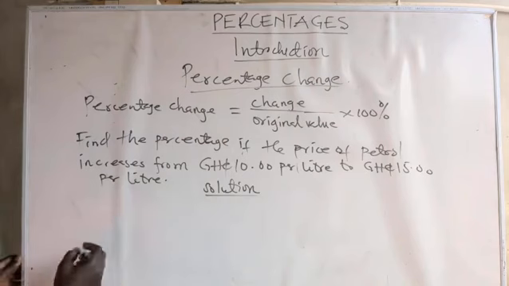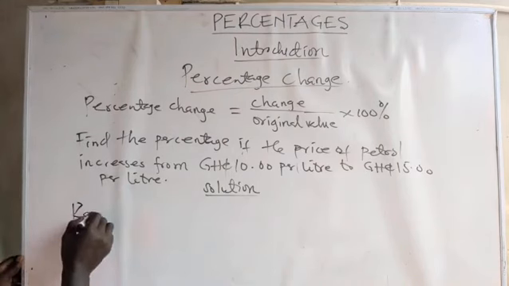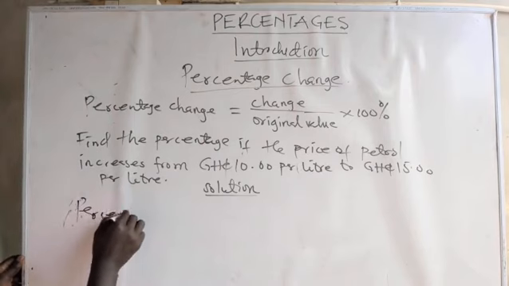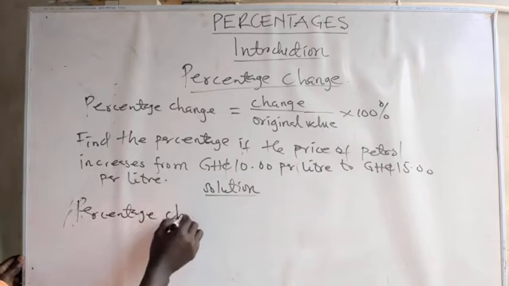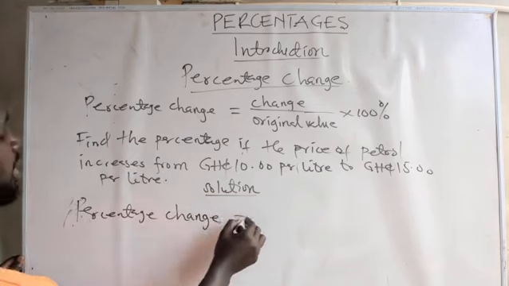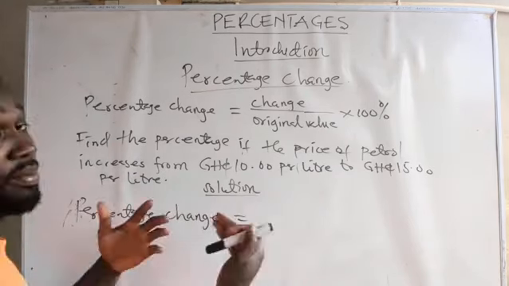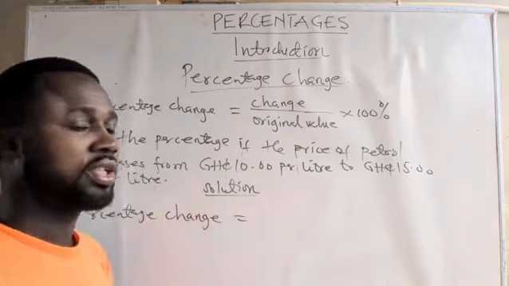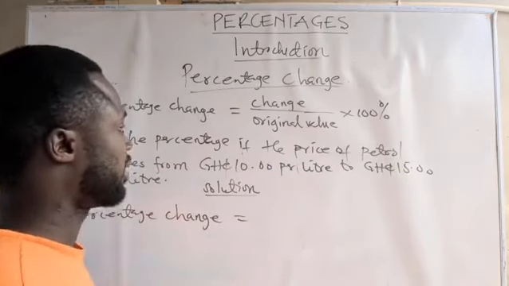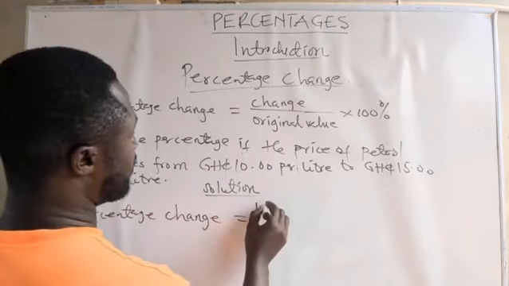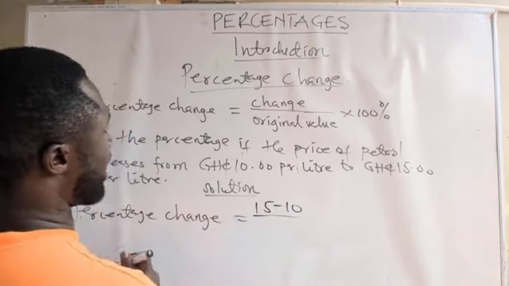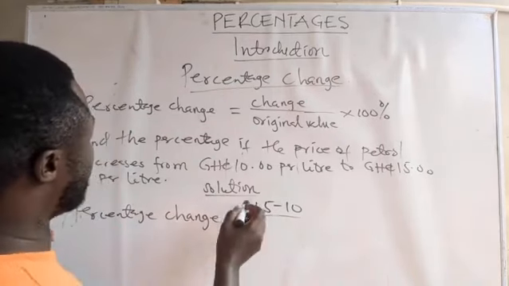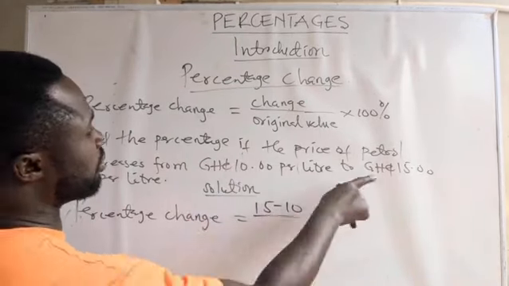So we know that our percentage change is the change. The change is the difference between the two values, and make sure that you subtract the least from the higher value so that we don't get a negative percentage. So we have 15 minus 10 divided by the original value before the increase. It was 10 cedis before there was a change to 15 cedis.